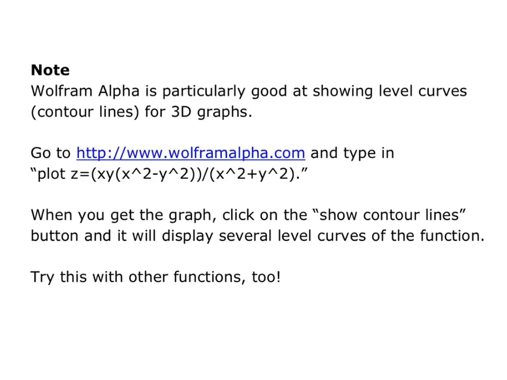Now, just to note that Wolfram Alpha is particularly good at showing level curves, also known as contour lines, for 3D graphs. Try going to www.wolframalpha.com and type in plot z equals (xy)(x^2 minus y^2) over (x^2 plus y^2).